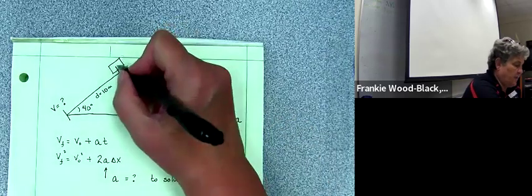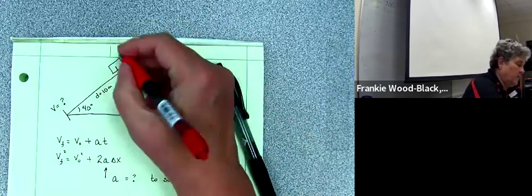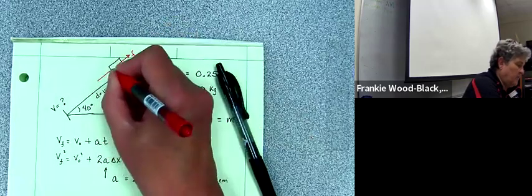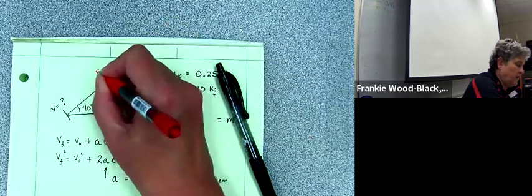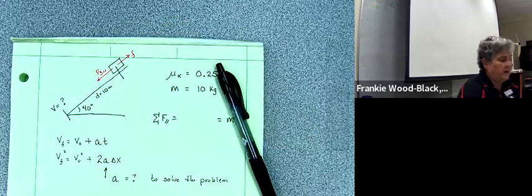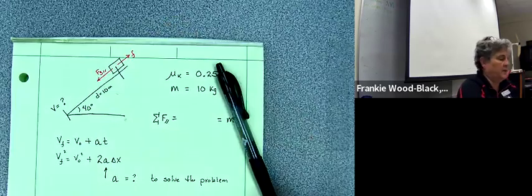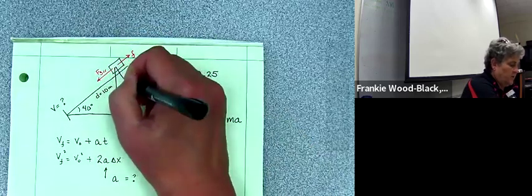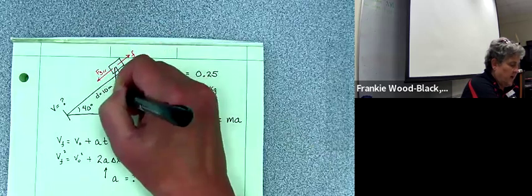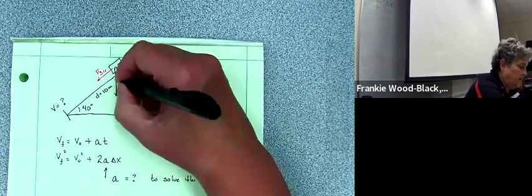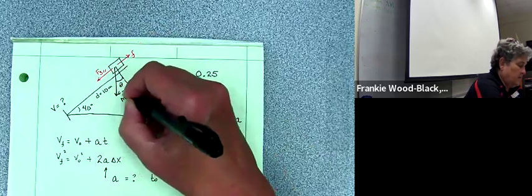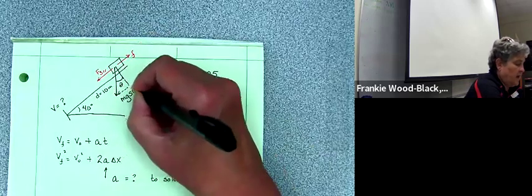Now, if we draw our free body diagram on here, we've got a force due to friction, and we've got a force due to gravity parallel to our inclined plane. We know where our weight is, right? So we know this, and that force is going to be mg sine of my angle.